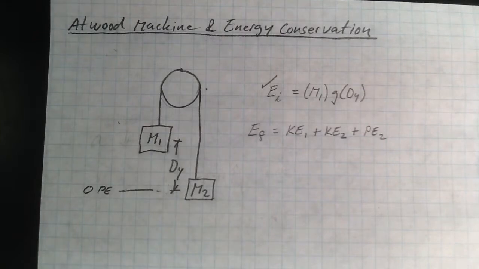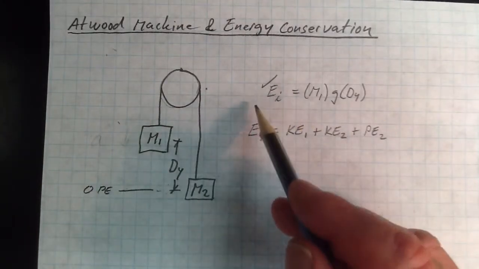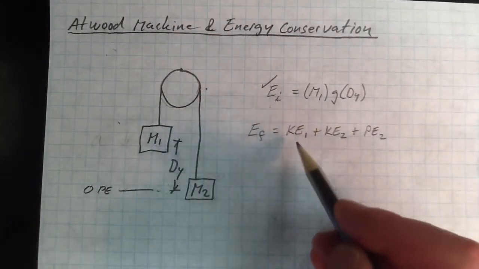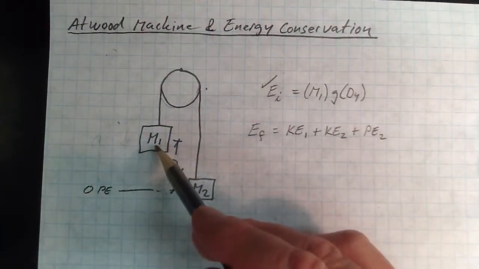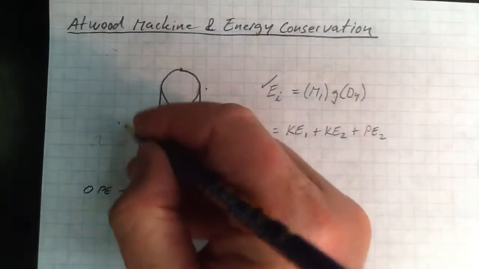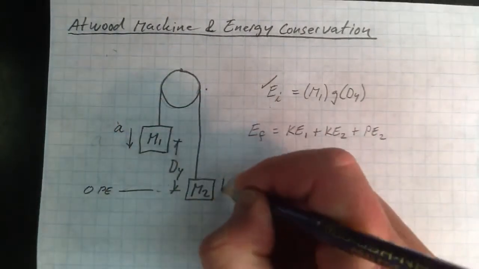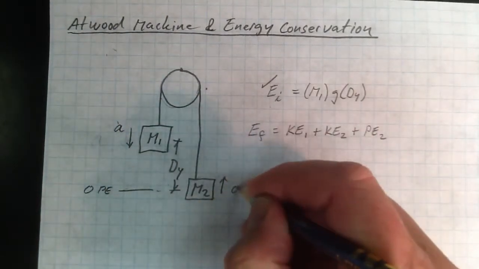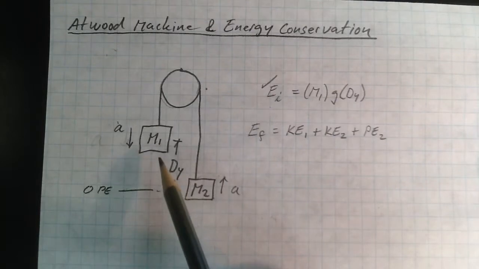The hard part is the final energy. The final energy, when I add them all up, it's got to equal this number, but I need the bits and pieces. Well, what's going to happen is when I let this system go, this mass is going to accelerate in this direction. This mass is going to accelerate in this direction, which means that this mass is going to gain potential energy.